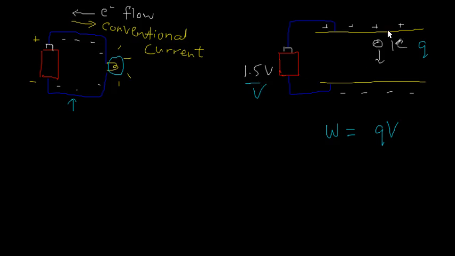So the 1.5 volts would be the change in potential. Or we can also call it a potential difference. So this goes by various names. We can call this V here a potential difference, and it is also often called a voltage.